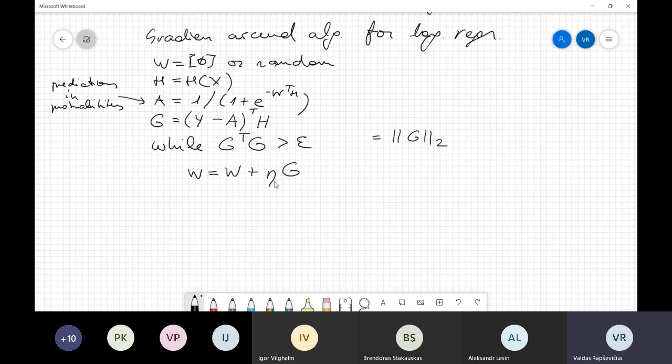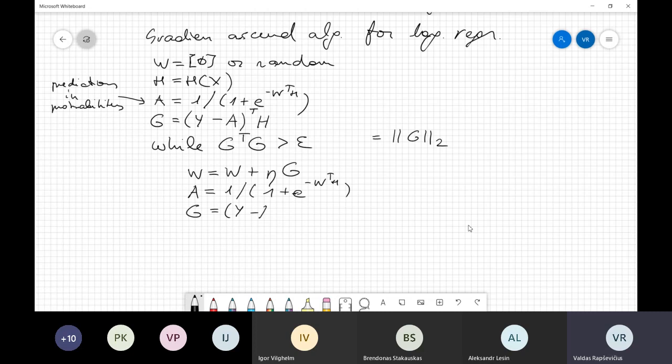So basically do the same thing. We want to maximize, so we add it. And now we recalculate the probabilities, right? The predictions, 1 plus e to the minus w transpose h, right? So basically recalculate the probabilities, we make predictions, and now update, and now look into the gradient.